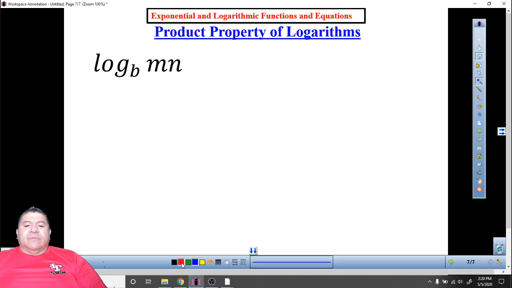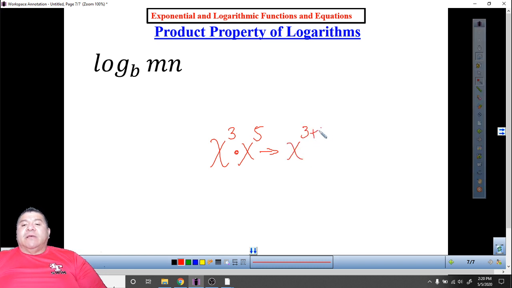Look up, guys. Check this out. Remember when we did x to the third times x to the fifth? I gave you plenty of practice in the warm-up. This was x to the 3 plus 5, which is x to the 8th. Remember this? Yeah, so what are we doing to the exponents? We're adding them if they have the same base.